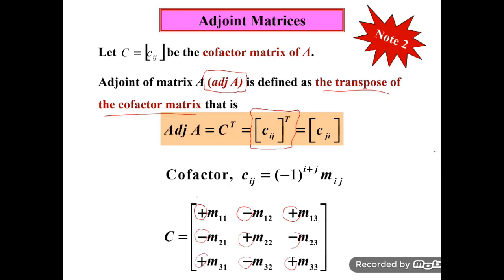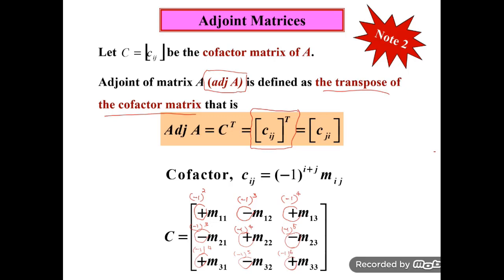Because here it is negative 1 to the power of 2, this is negative 1 to the power of 3, this is negative 1 to the power of 1 plus 3, which is 4, this is negative 1 to the power of 3, this is negative 1 to the power of 4, this is negative 1 to the power of 5, this is negative 1 to the power of 4, this is negative 1 to the power of 5, and this is negative 1 to the power of 6.